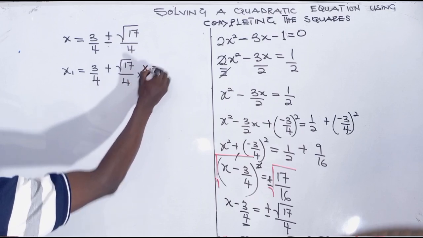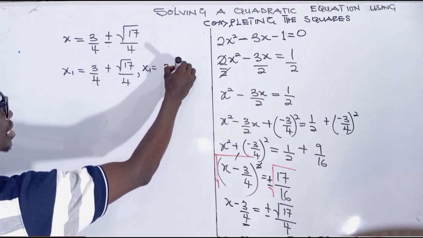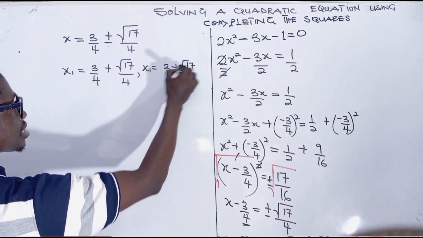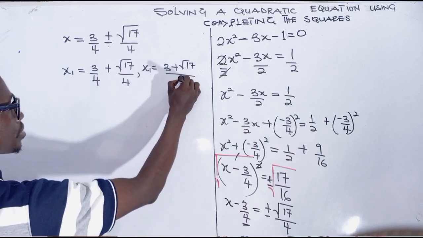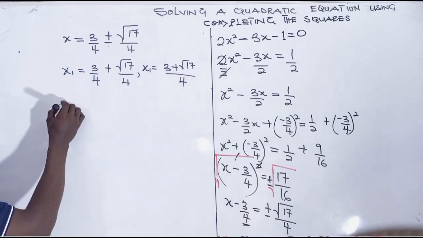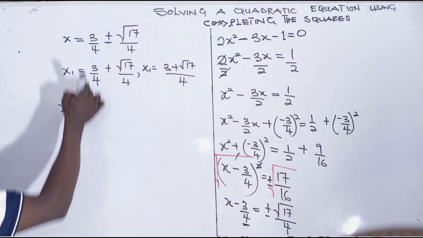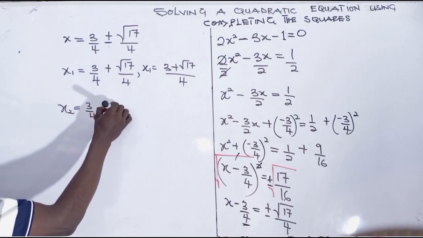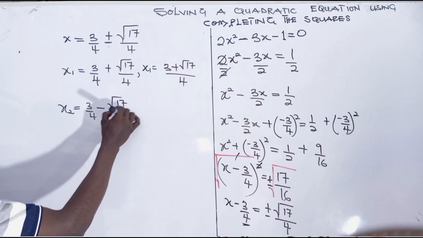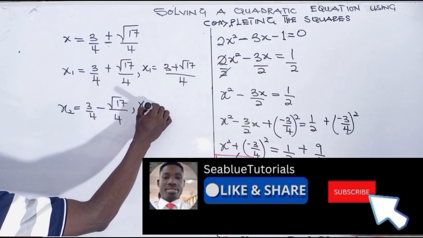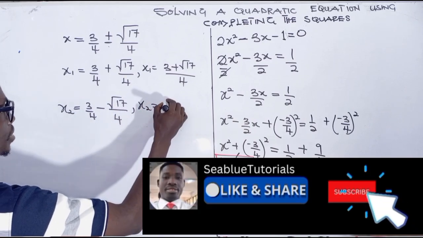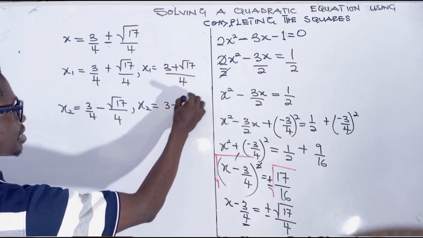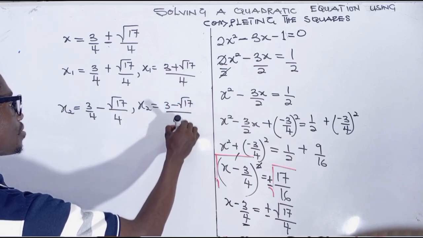And this is the same as 3 plus root of 17 all over 4. Then we can have our x2 to be 3 over 4 minus root of 17 all over 4, which is the same as x2 is equal to 3 minus root of 17 all over 4.